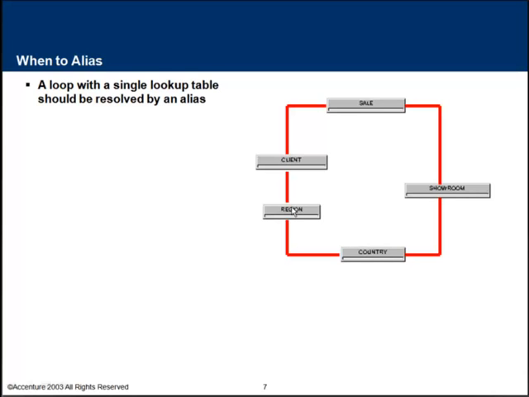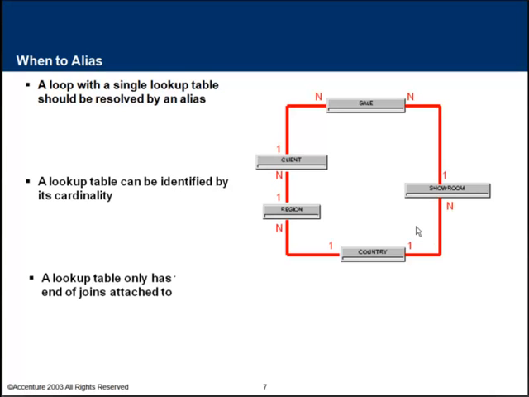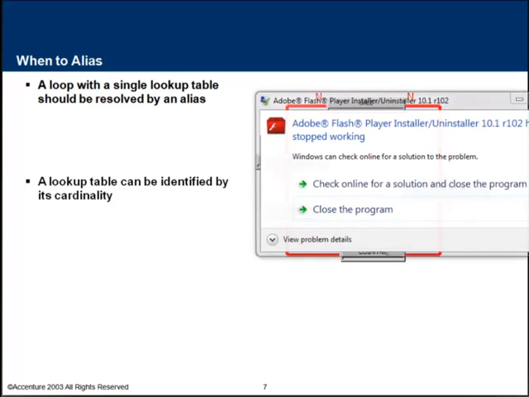Country to region you have a join, region to client you have a join, client to sales you have a join. This will satisfy your first requirement. Country to showroom you have a join, showroom to sales you have a join. This will satisfy your second requirement. And when you see the cardinality between these tables, country to region you have 1 to n, region to client you have 1 to n, client to sales you have 1 to n.